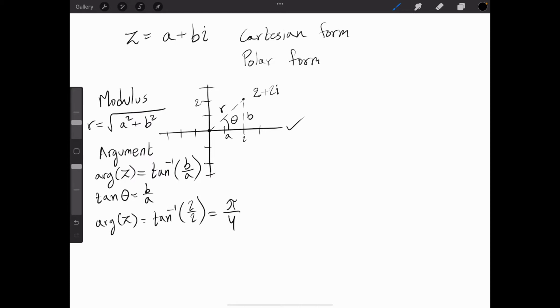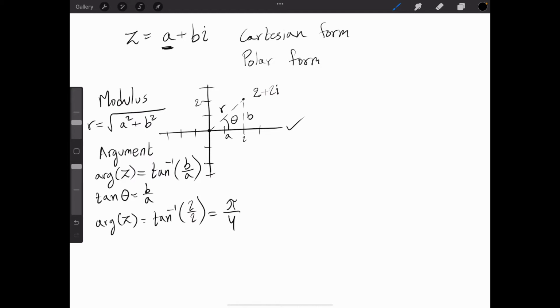Now, to go from having an argument and a modulus to having a complex number in polar form is done with a little more trick. But again, it's not bad. First, how can we describe a in the Cartesian form with respect to the argument and the modulus?